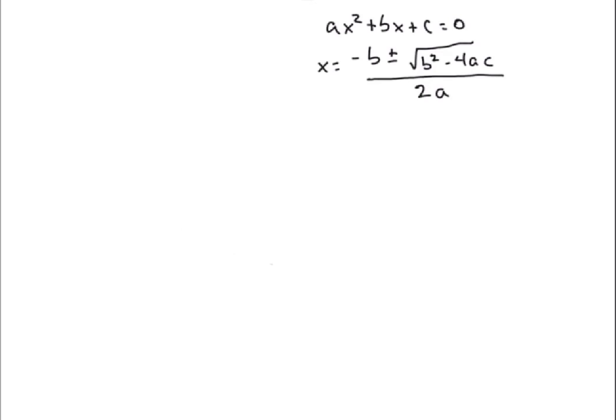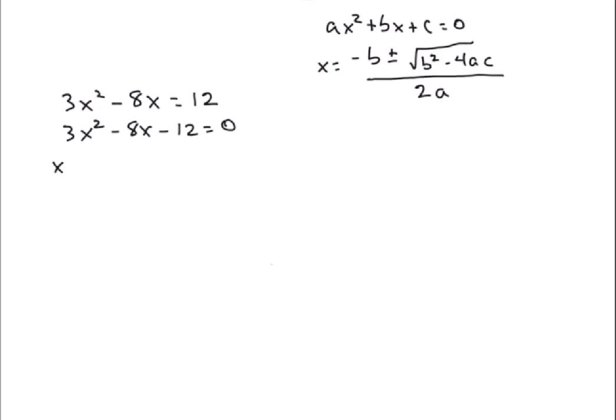Okay, another example, if we want to solve 3x squared minus 8x equals 12. First thing we need to do is make sure that all of our terms are on the same side of the equation. So we move the 12 to the other side, and we end up with 3x squared minus 8x minus 12 equals 0. And now we can apply the formula.